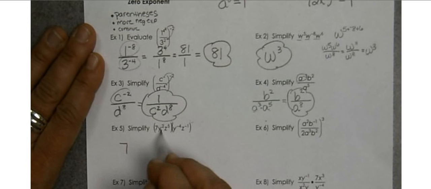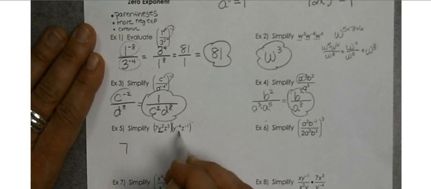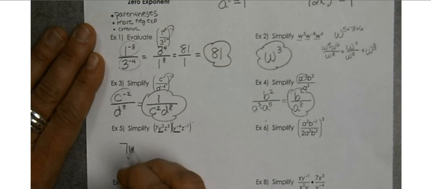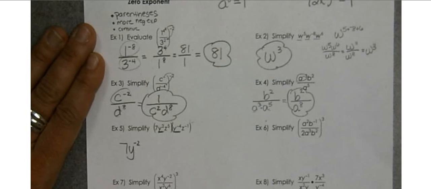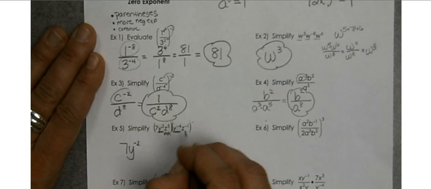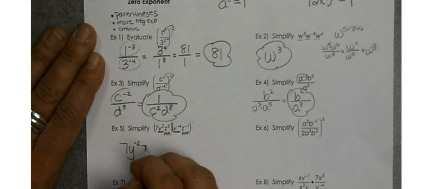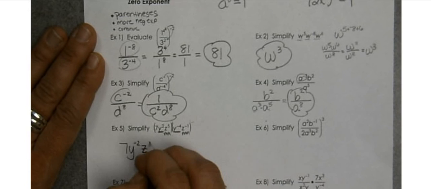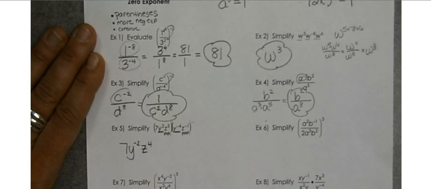Here, y squared and y to the -4th have the same base, so I can add those exponents to get y to the -2. And then z to the 5th and z to the -1st have the same base, so I can add those together and get z to the 4th. So we did a nice job simplifying that down, except we have this negative exponent. So we think about where that fraction bar would be, and that means that this guy's got to move.